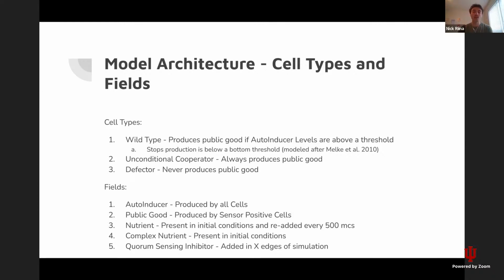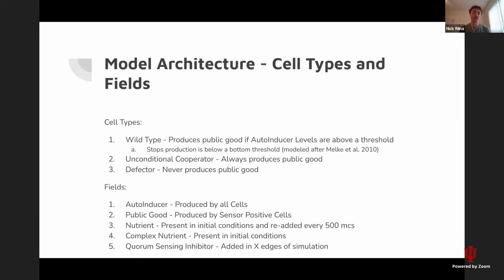The wild type produces the public good only if autoinducer levels are above a threshold. So quorum sensing is turned on if we have enough cells packed together, and turned off if there isn't. The unconditional cooperator, these are the cells that Logan mentioned are stuck on. Whether there's enough cells accumulated or not, they're always going to produce that public good.